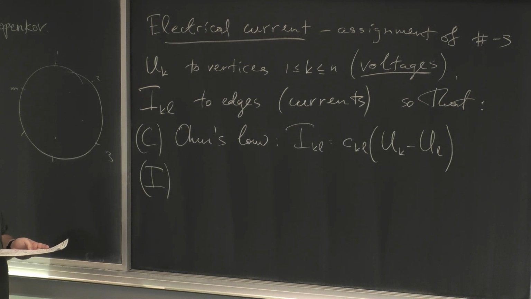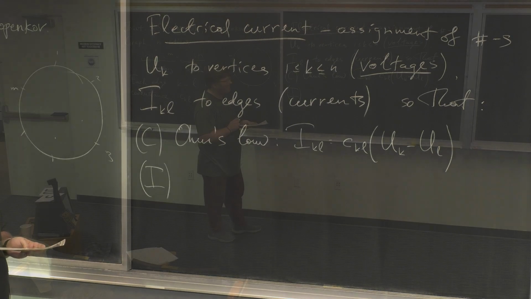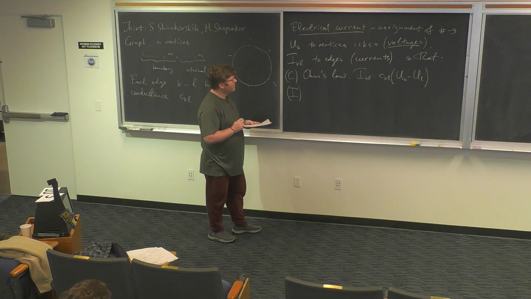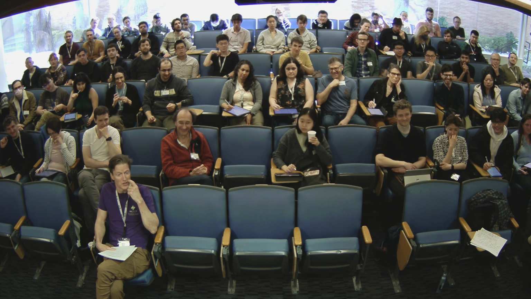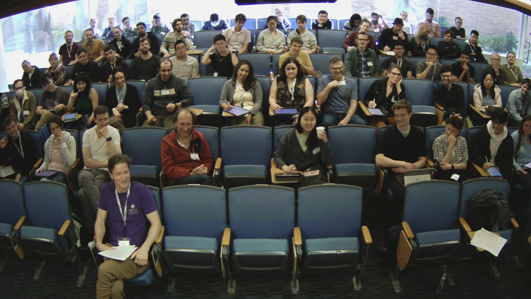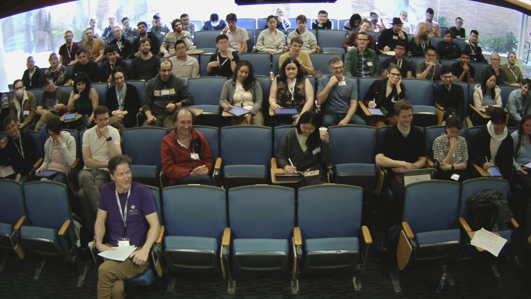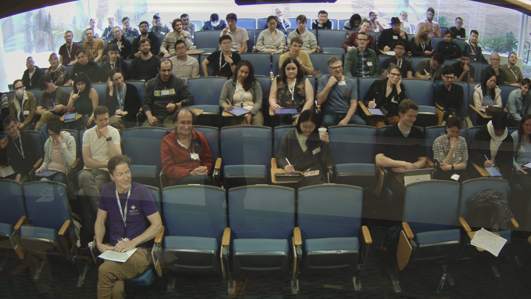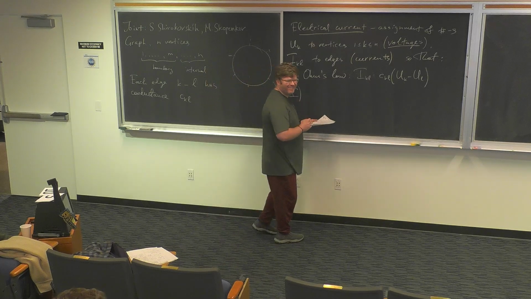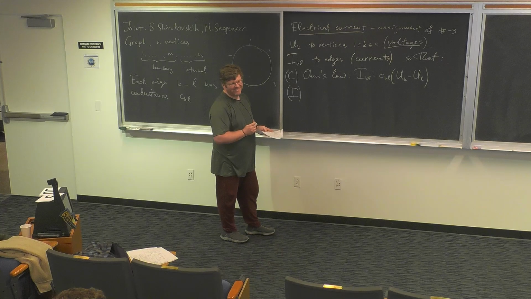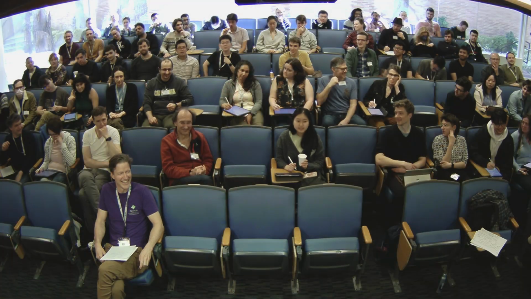My notes say KL, I'll stick to that. Yes, I_KL is minus I_LK. That's true. This is implied by this law, so it's already included in Ohm's law. Imagine positron currents, not electron.